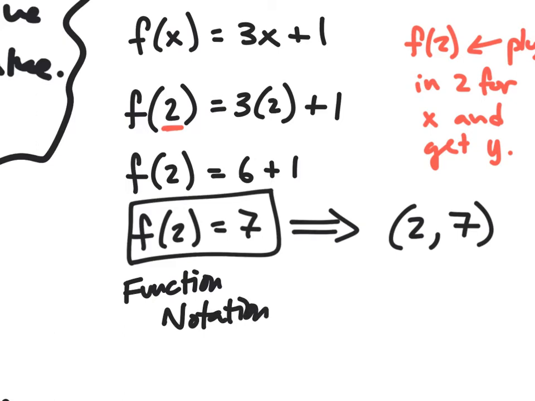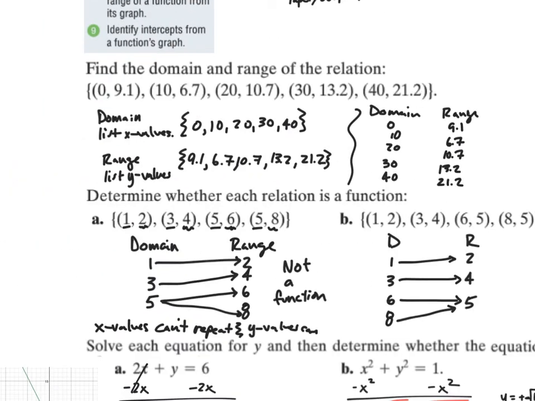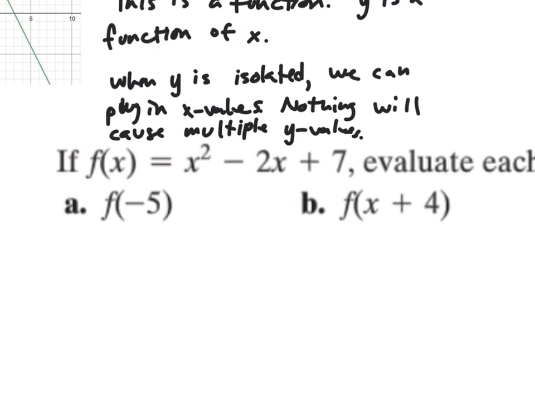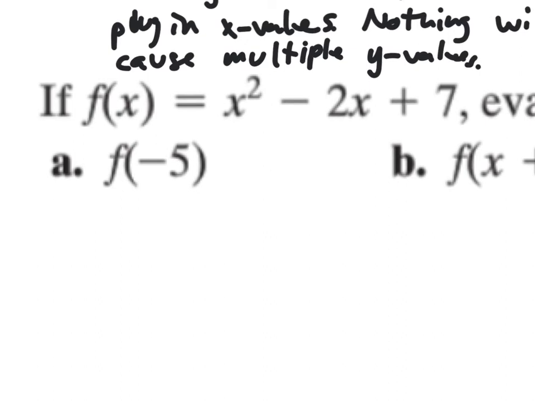If I wanted to write a point any other way, I would just write it as (2, 7), okay? So that's the idea. All right, so let's go back down to the bottom of the page, and it wants us to evaluate this function. Now here, it's a little bit different, okay? So if f of x is equal to x squared minus 2x plus 7, in part A, I want to find f of negative 5.